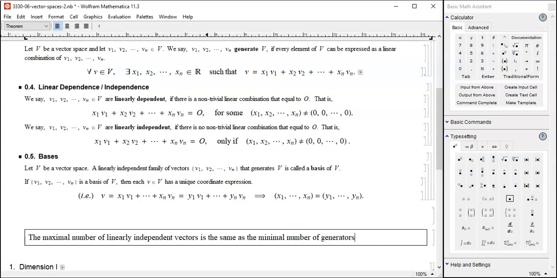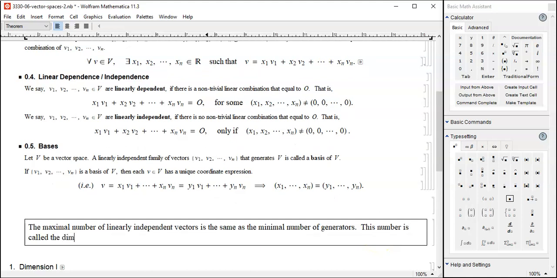This number is called a dimension. So this is where we are headed. The maximal number of linearly independent vectors is the same as the minimal number of generators. It's not going to be easy to prove, but we'll do it. And once we do that, this number is called a dimension.